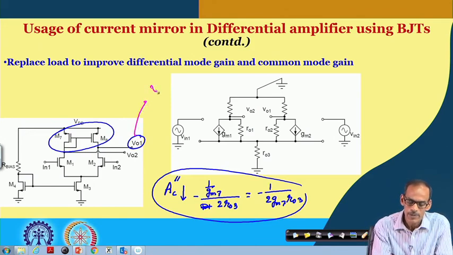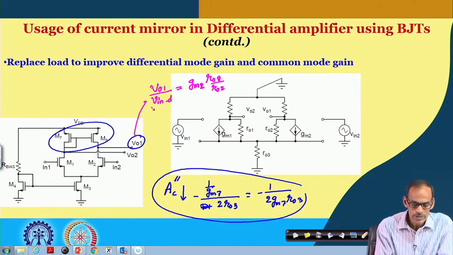if I say VO1 divided by V in D, that is becoming Gm1 into RO8 parallel RO2. In fact, you may say Gm1 or Gm2, both are the same.